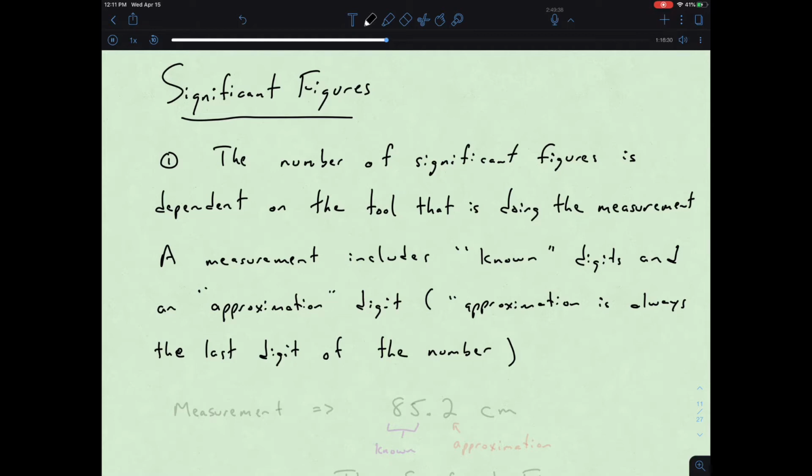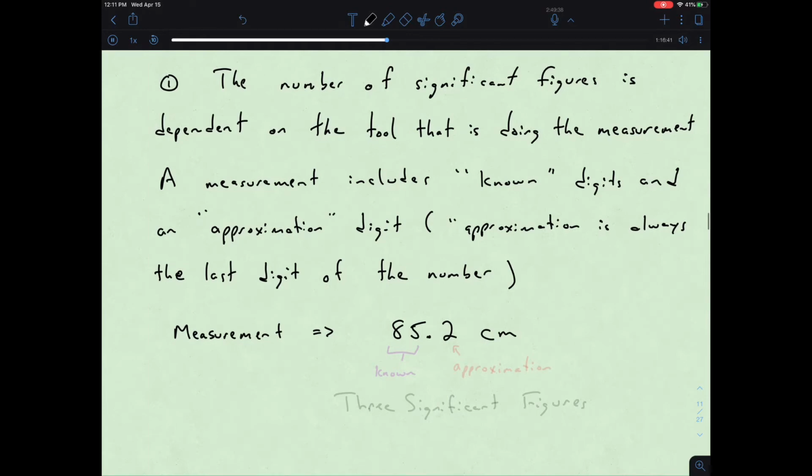So if we had a measurement, say, of 85.2 centimeters, this value has 3 significant figures.